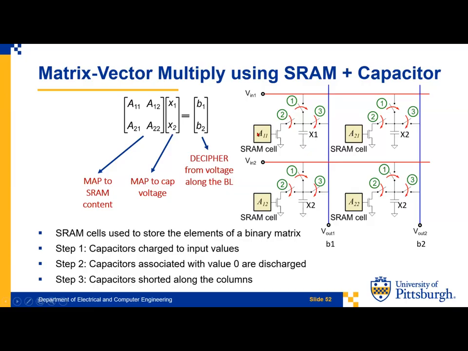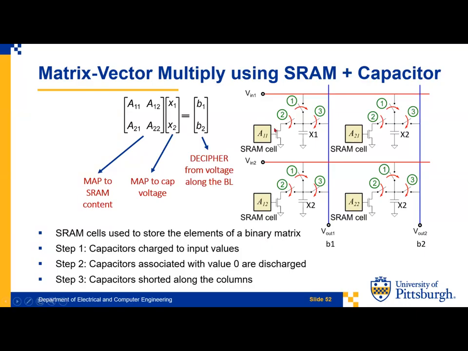So if A11 is zero, the MOS here needs to be turned on, and the charge from this capacitor will be drained to the ground. So we could not sense the charge in this situation because A11 is zero.